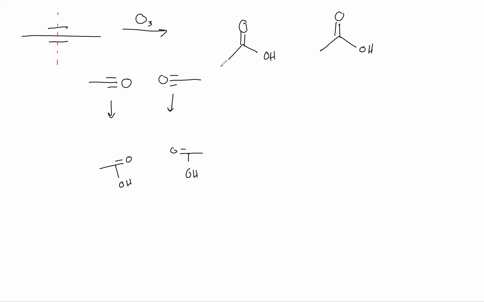And so we can see here that we form carboxylic acids. So when we cleave internal alkynes, we end up with carboxylic acids. When we cleave terminal alkynes, we're going to end up with 1 carboxylic acid and 1 mole of carbon dioxide, CO2.